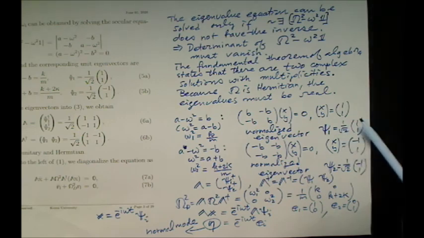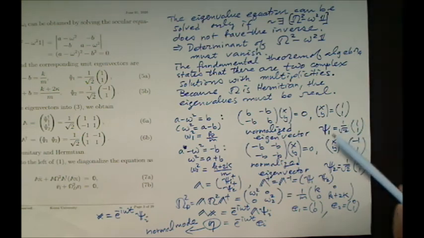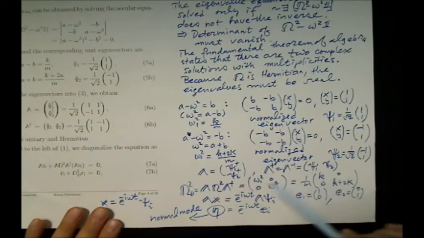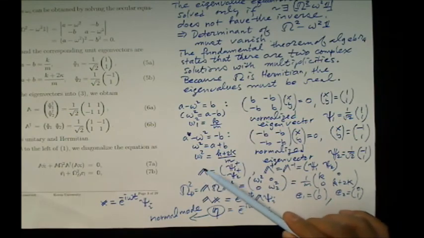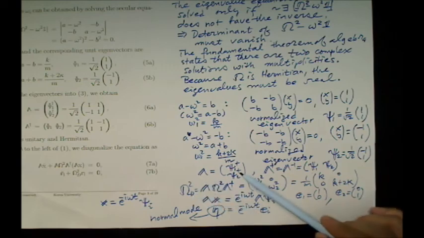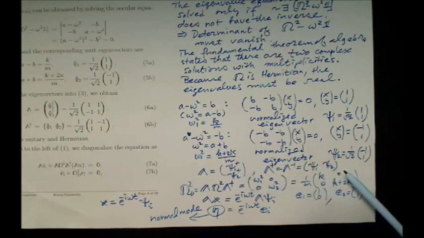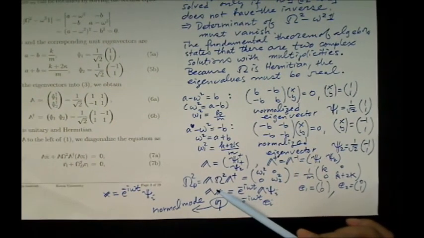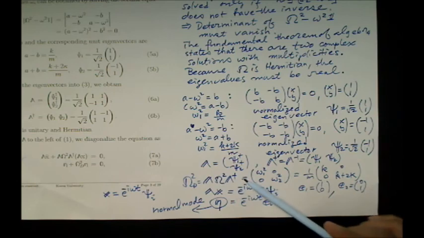And the normalization can be corrected with unit normalization. So psi 1 and psi 2 are obtained in such a way. We can construct the transformation matrix to diagonalize this matrix. That is psi 1 dagger and psi 2 dagger, and its Hermitian conjugate should be psi 1 and psi 2. We can diagonalize this matrix by multiplying these matrices.